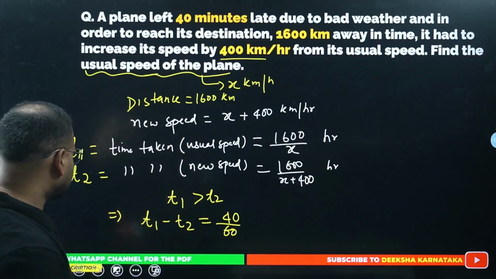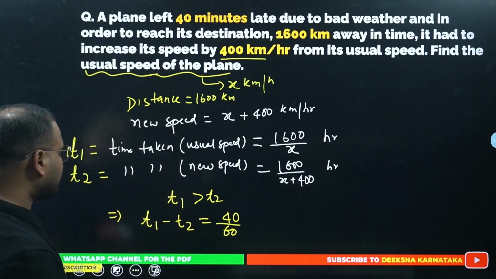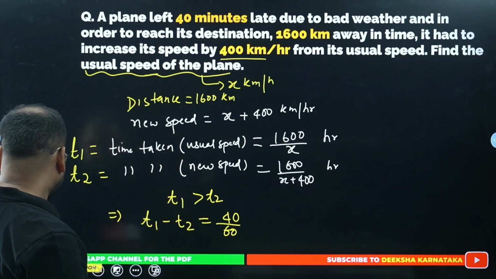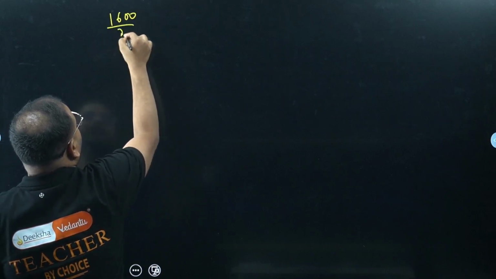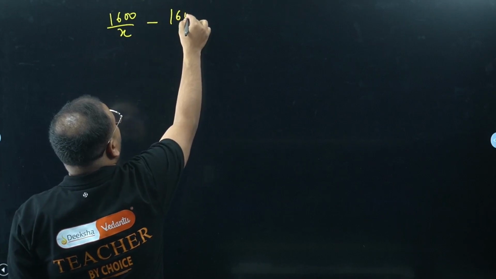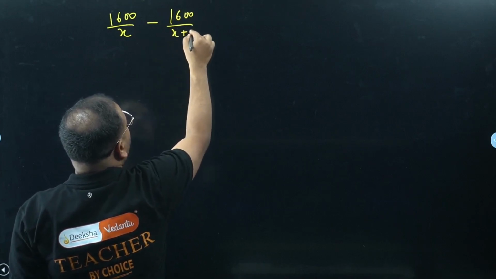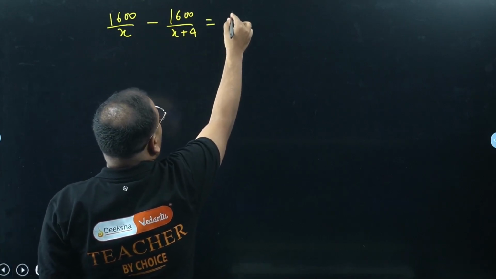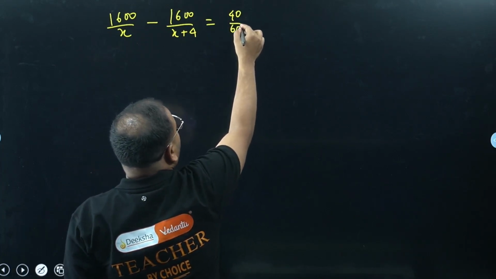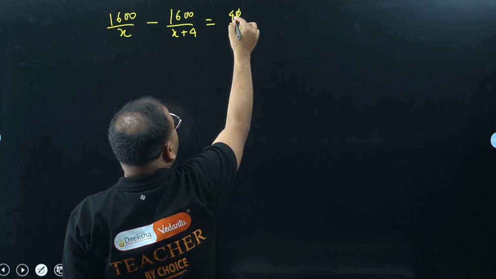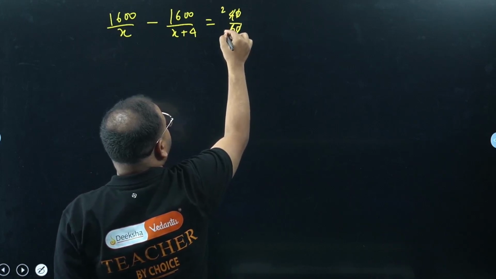Okay, let's check. T1 is 1600 by x. 1600 by x minus T2, which is 1600 by x plus 4, equals 40 by 60. Simplify this, this cancels and this is nothing but 2 by 3.